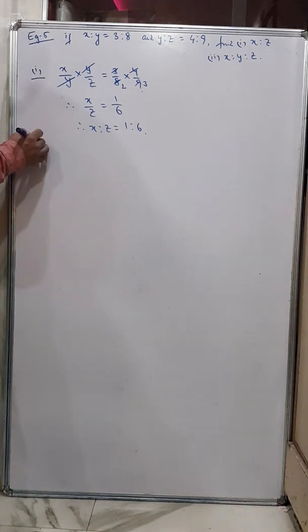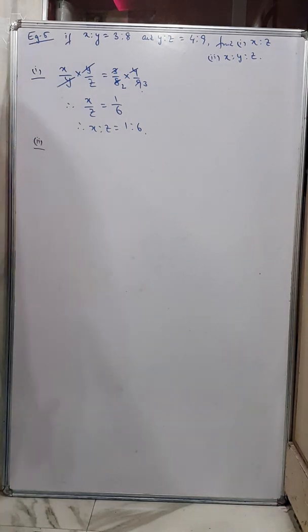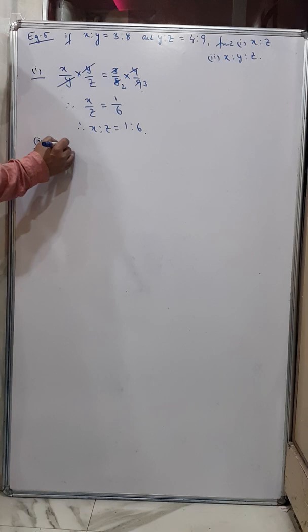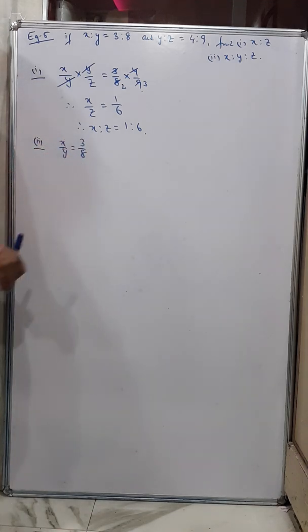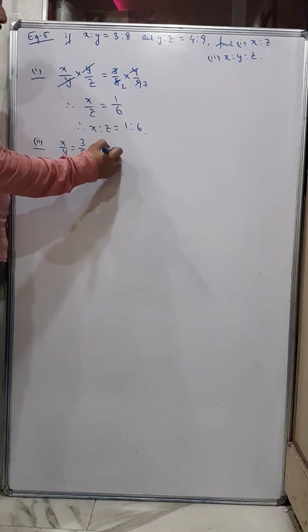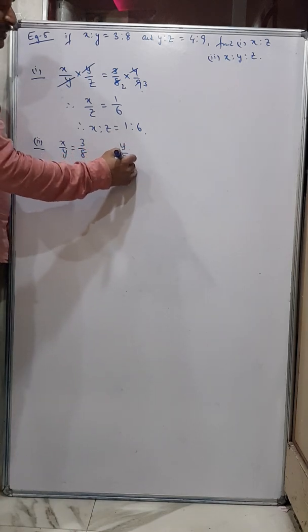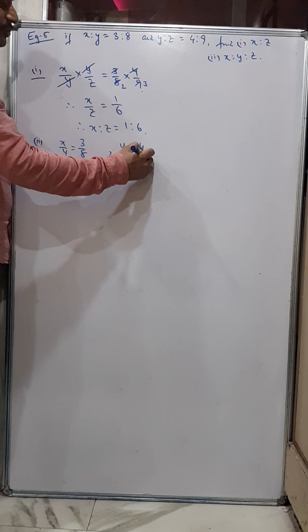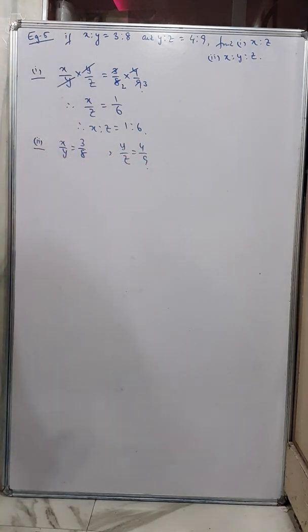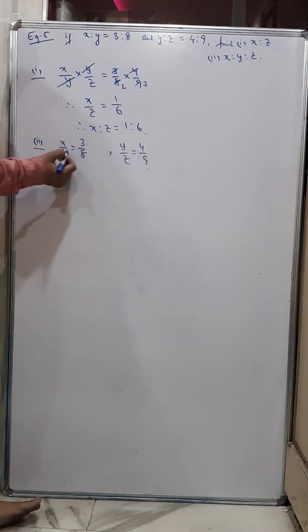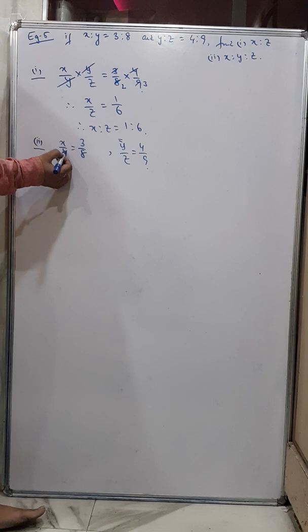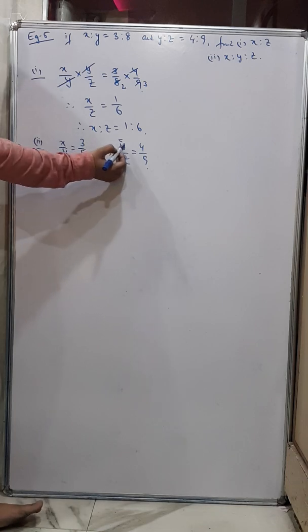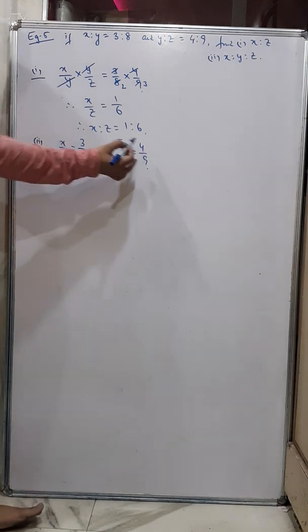Now next one. Now see, X by Y is 3 by 8, and you have here Y by Z is 4 by 9. Now you see, in both of these ratios the common term is Y, right? Now if you see, the value of Y is 8 here and the value of Y is 4.